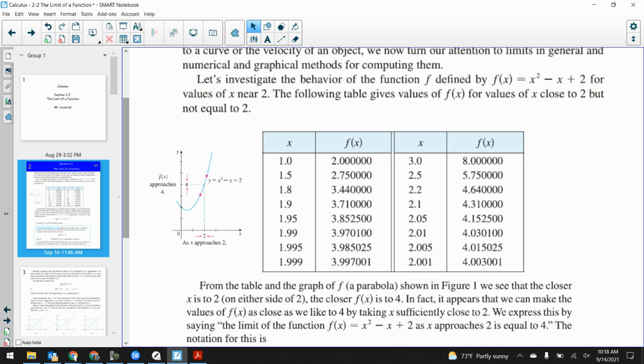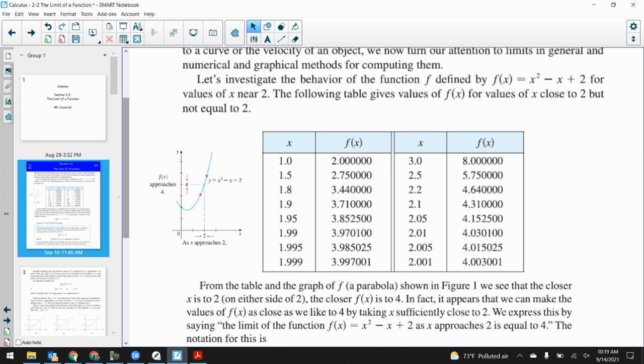Now, what we did yesterday was the plug and chug method, where we just say, okay, let's find numbers close to 2, and keep getting closer and closer to it to see what the function would lead itself to be. So that's all you see in this example here. I'm taking 1 and then 1.5 and then 1.8 and then 1.9 and then 1.95.